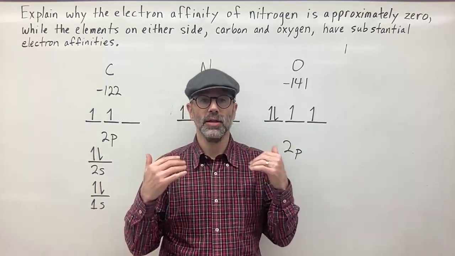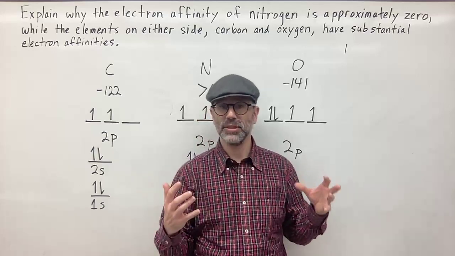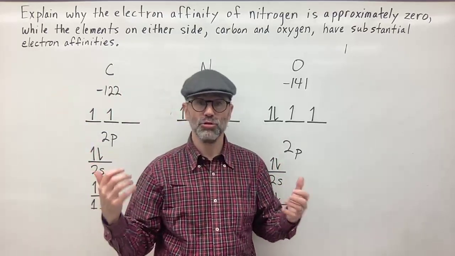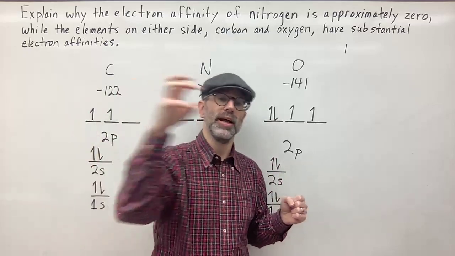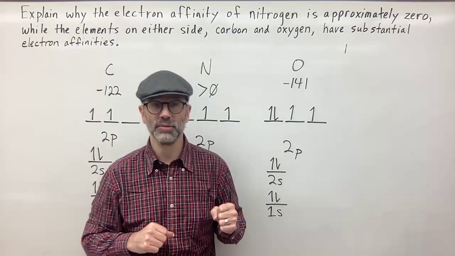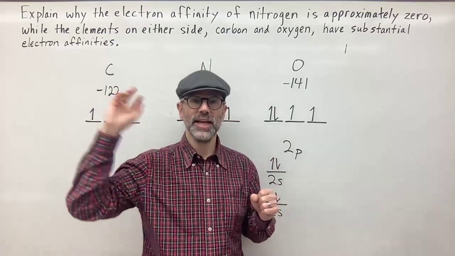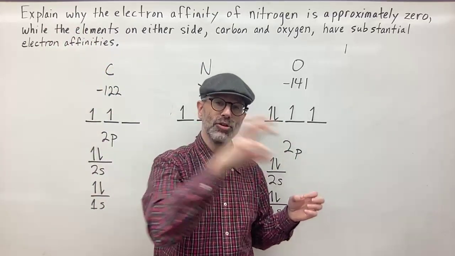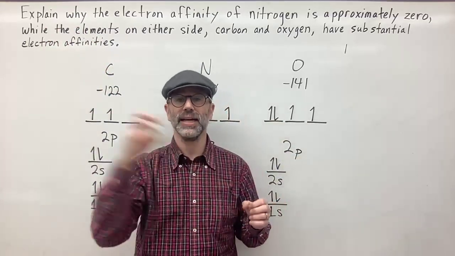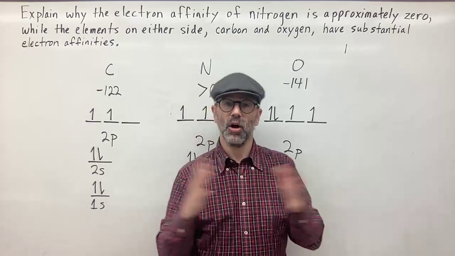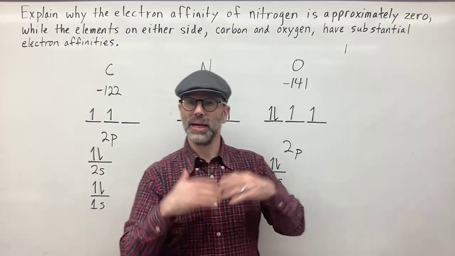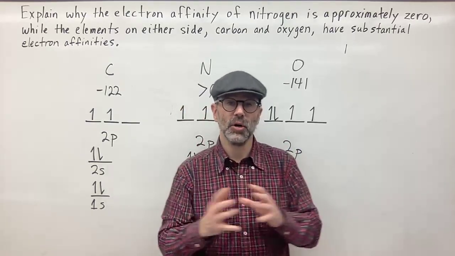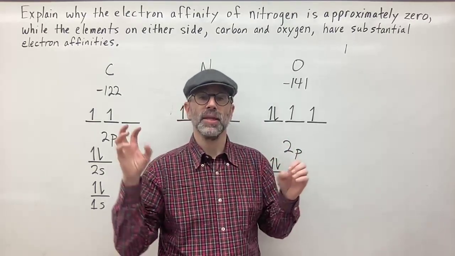Well, for electron affinity, it's the exact opposite. Instead of trying to remove an electron from a neutral atom, you're putting an electron into a neutral atom. And so we're looking at, is that going to be negative, or positive, or zero?